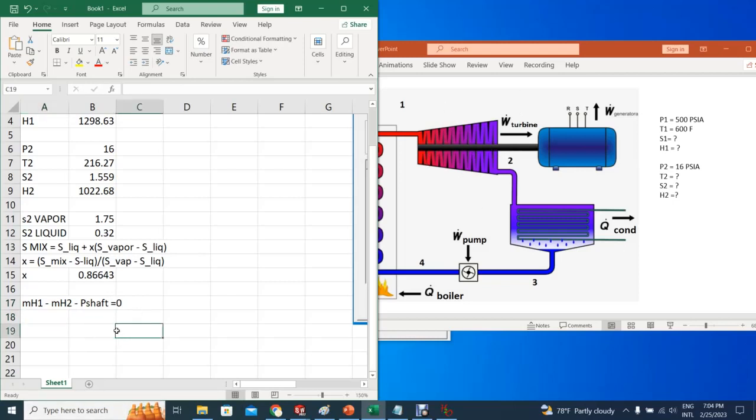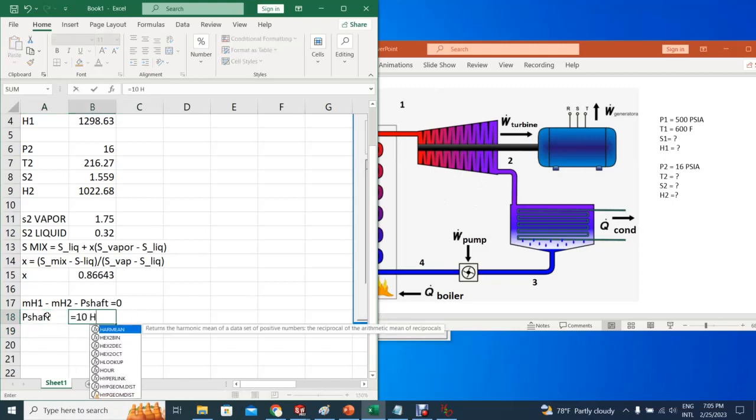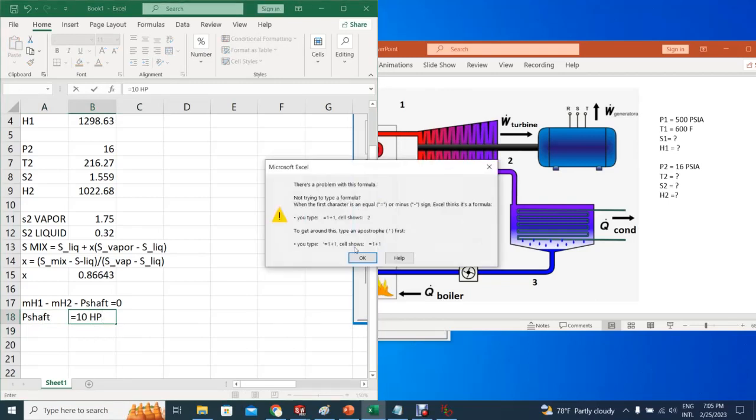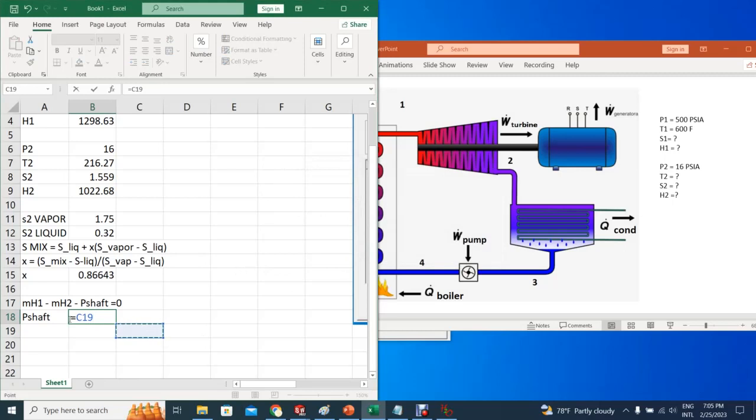Now, P shaft, or the power at the shaft level, we said is going to be 10 horsepower. That's what we're saying. So the question is, what unit am I using here?